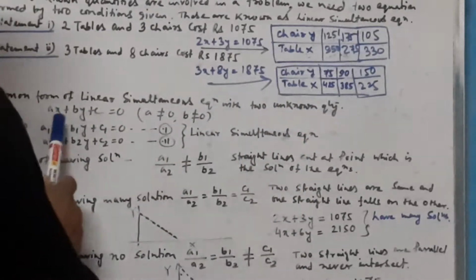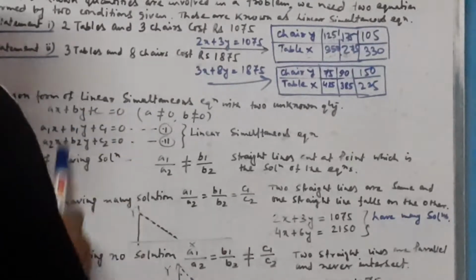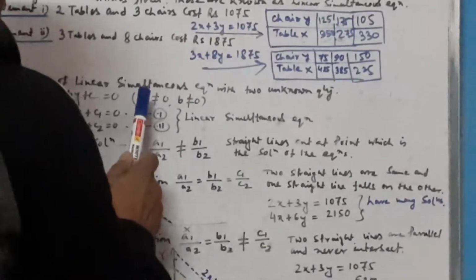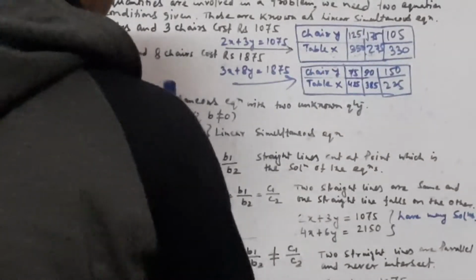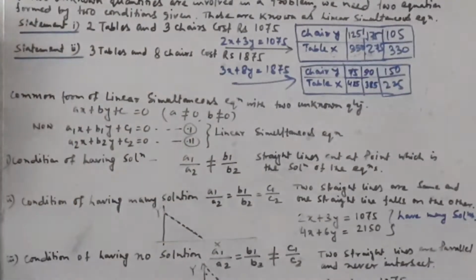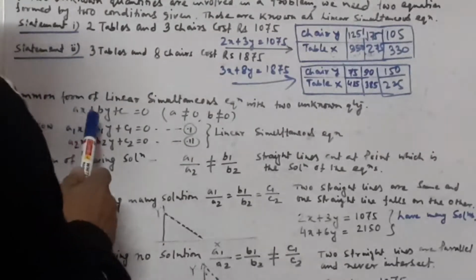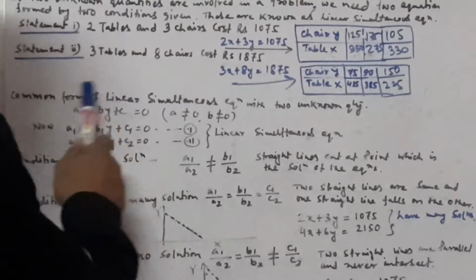Actually, ax plus by plus c equal to 0, where a is not equal to 0 and b is not equal to 0, is a linear equation. It signifies a linear equation because it can be expressed as y equal to mx plus c.